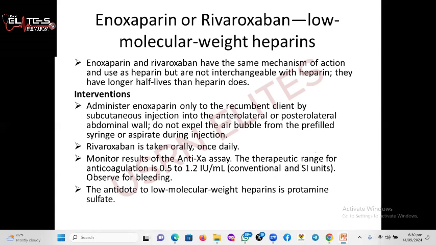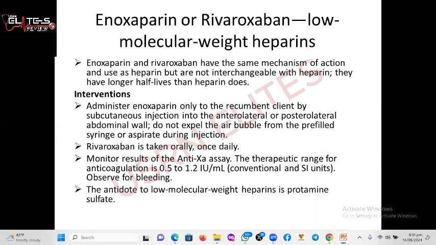The injection is subcutaneous, so we don't expel the air inside it. What the air does is help push the actual dose in. If you expel the air, you are likely going to affect the dose that you give to the client. So we don't have to expel the air.